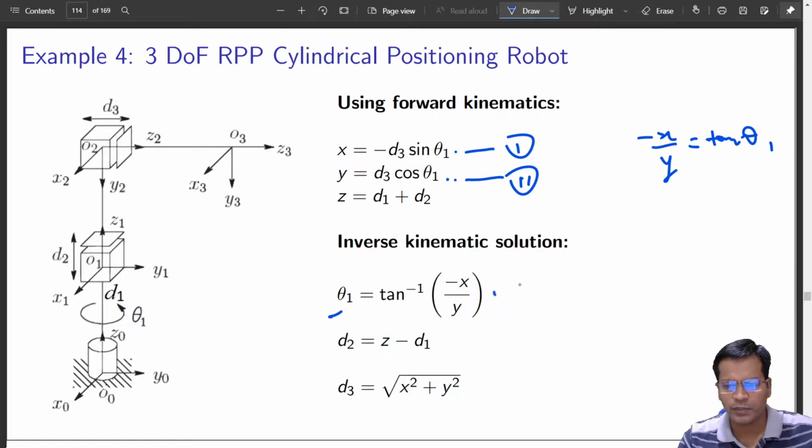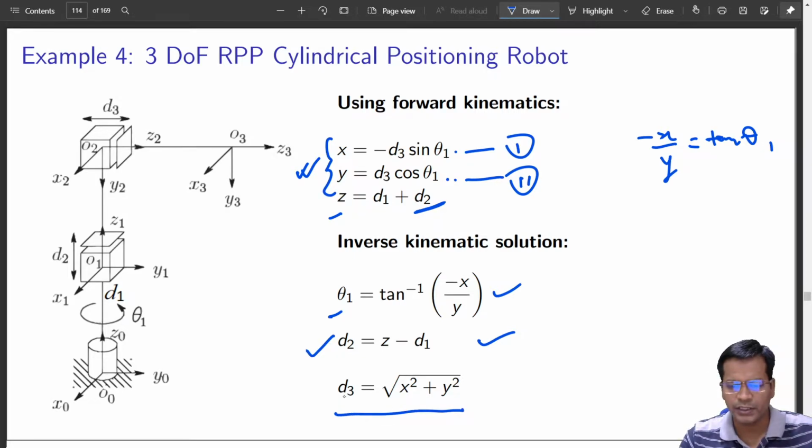So theta 1 will be the inverse of this immediately because d3 gets cancelled off. Now how much is d2? Second variable, d2 is the joint variable as well. d1 is constant, z is a known variable, so finally d2 is this. Then squaring and adding these two equations, you get something like this. So d3 is also this.